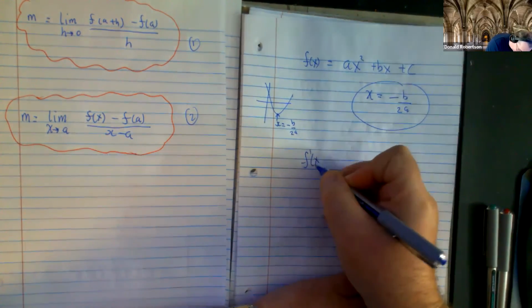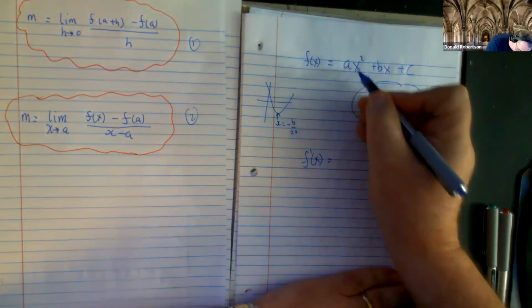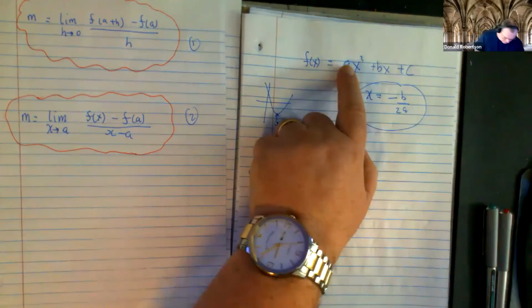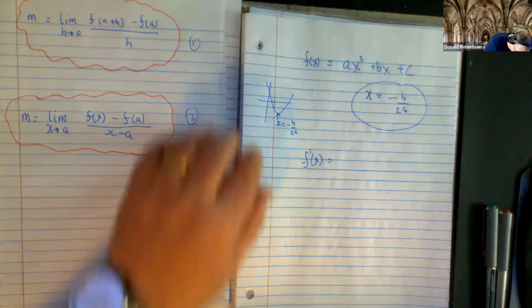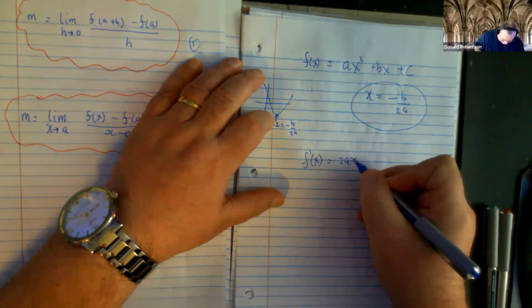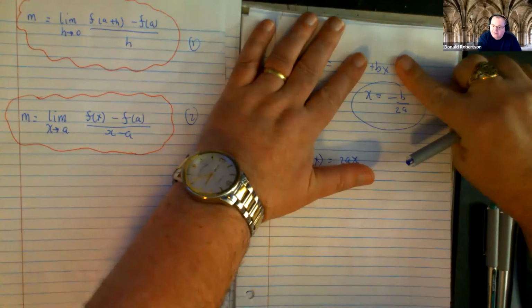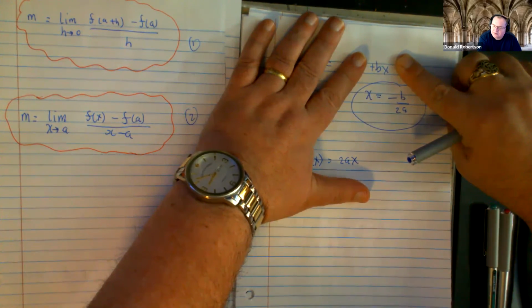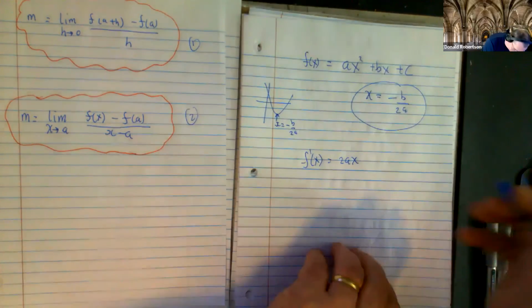The derivative of AX squared plus BX plus C. I want you to think of A, B, and C as just numbers. So you multiply by the power and you reduce the power by 1. What will the derivative of BX get you? Like 5x would get you this and 10x would get you that. What would BX get you? B, yes.